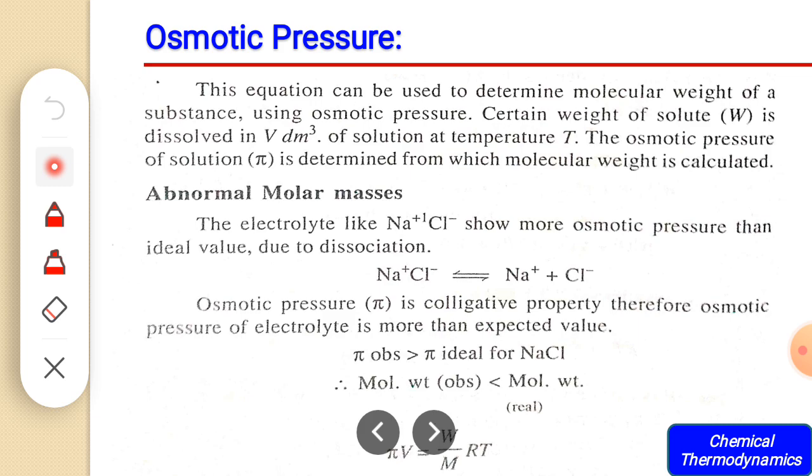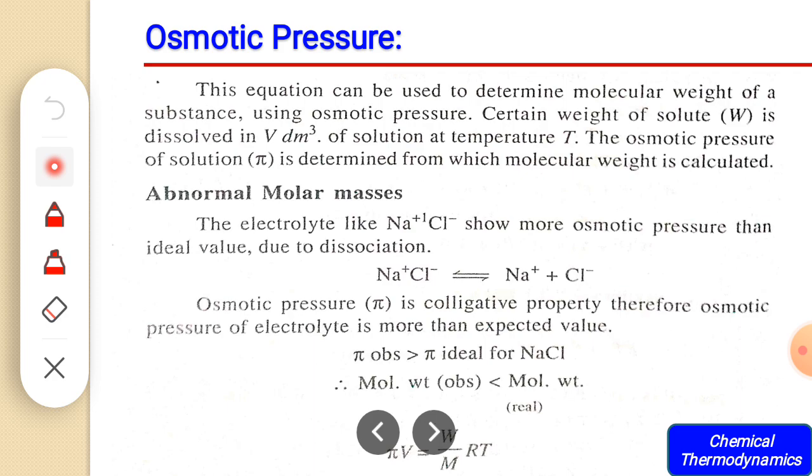Again, it is also observed that sometimes if an electrolytic solution is prepared, the observed colligative property is different from the expected colligative property, and this is because of dissociation. Electrolytes undergo dissociation that increases the number of particles in the solution, which definitely affects the colligative property.